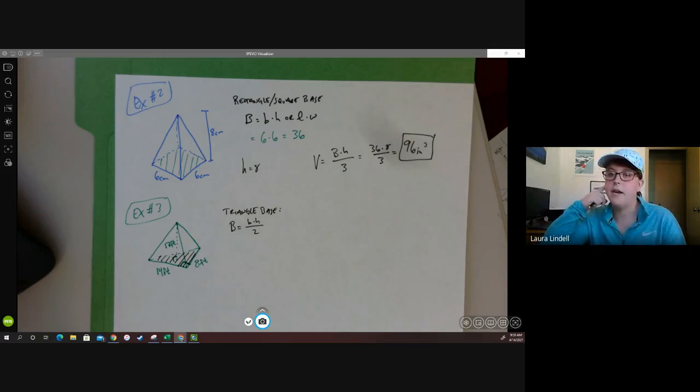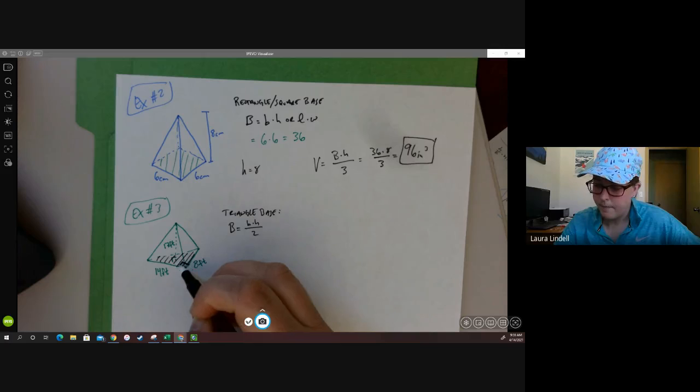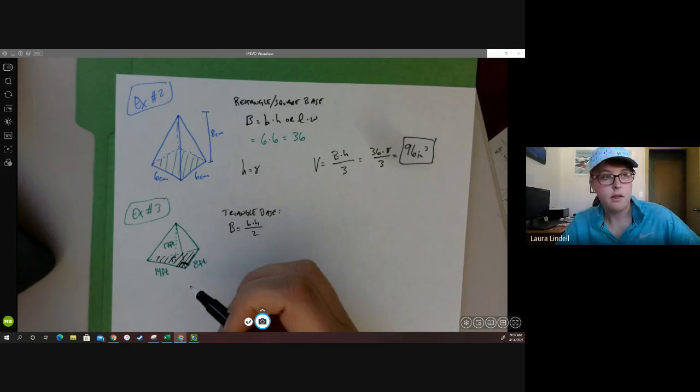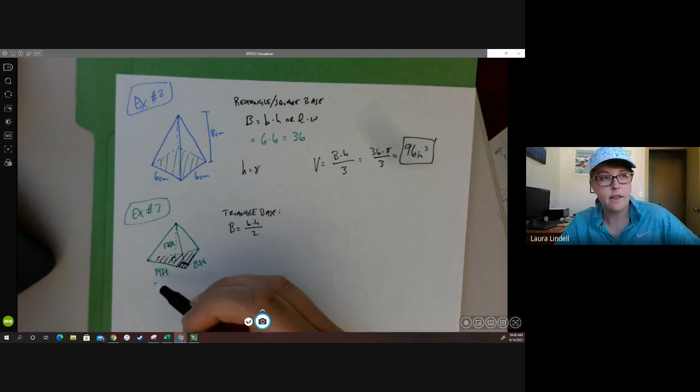So remember, base and height have to be perpendicular to each other. But from this perspective, it doesn't really matter which one is the base and which one is the height when we're looking at this right triangle here. Because the special thing about right triangles is that one of the sides is going to be the base and the other side is going to be the height. So just that 8 and that 14 will be our base and height.